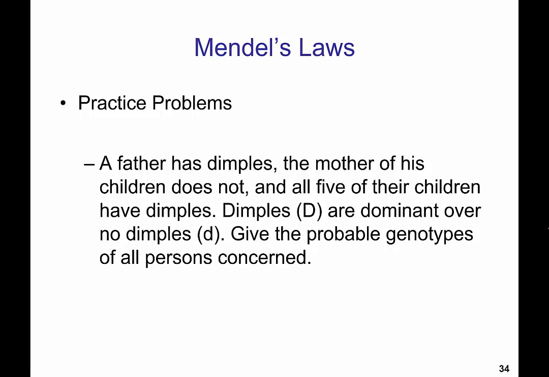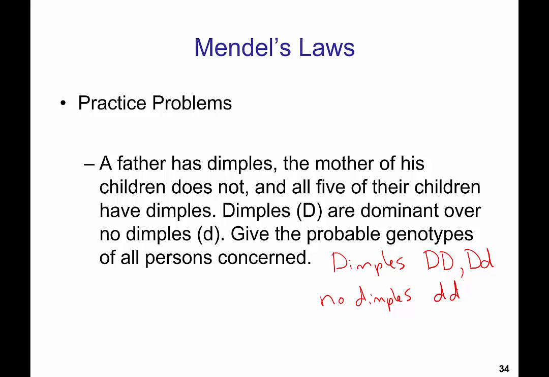Okay, so we know that dimples are dominant. So in order to have dimples, we could be either homozygous dominant or heterozygous. No dimples, the recessive trait, we only have one genotype possible for that, which is little d, little d.